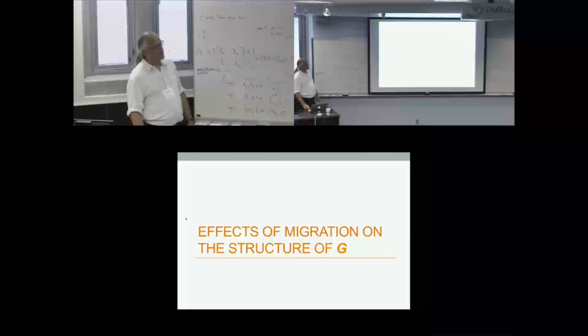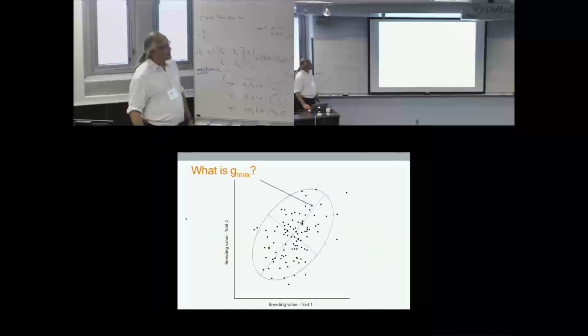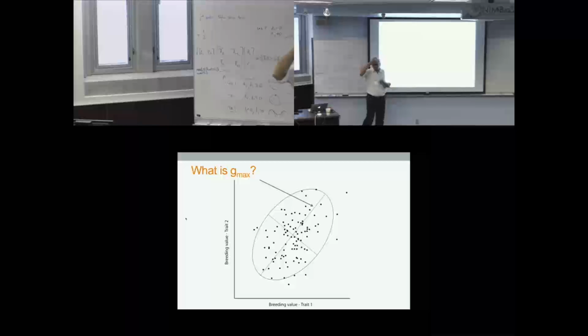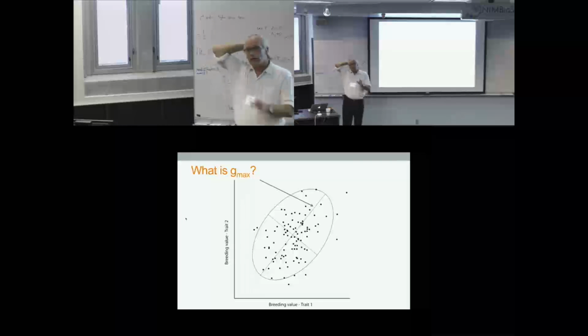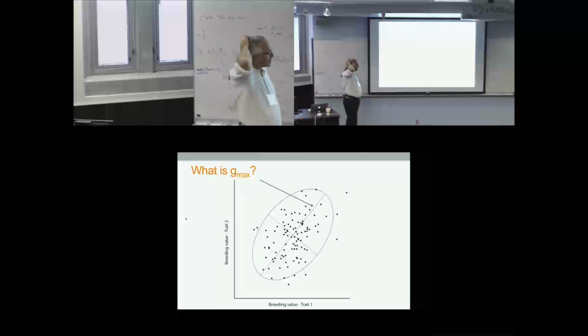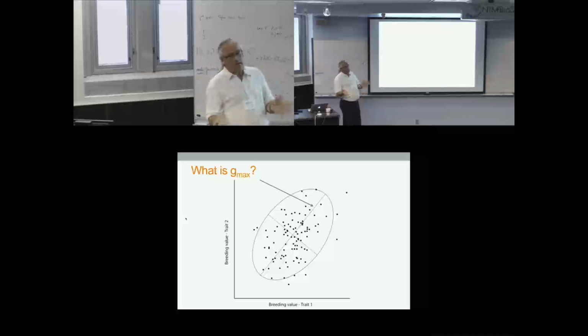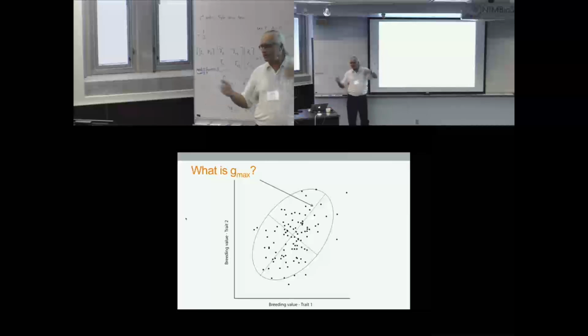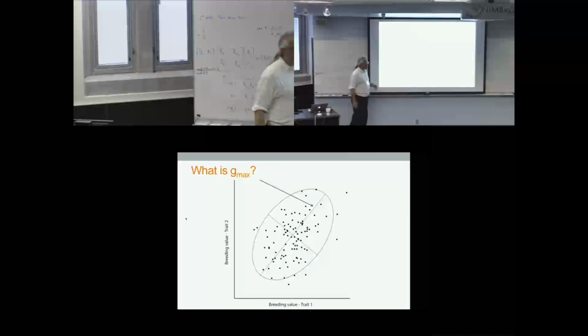There's been a little bit about how drift affects G. But one of the things that hadn't been looked at much was how putting the measures of the G matrix onto a spatially explicit landscape, how does migration potentially affect it? I'm going to use this term Gmax. It's just the first eigenvector of the G matrix.